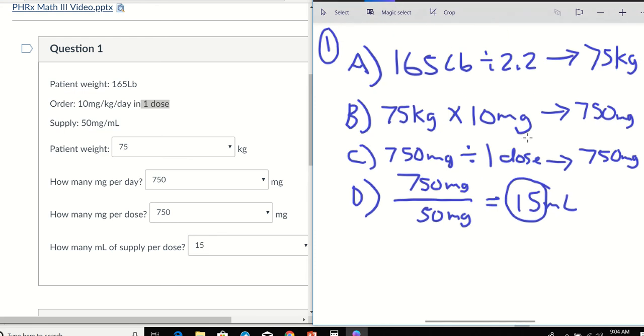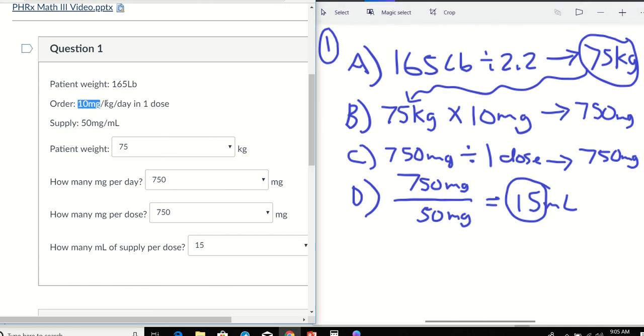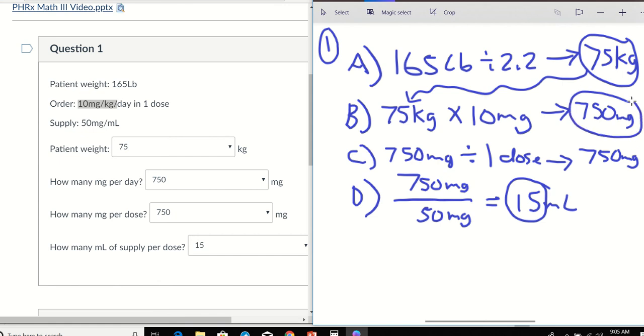So for number 1, our patient weighed 165 pounds. Divide by 2.2, we ended up with 75 kilos. That's going to be our starting point for step B. Now that we found their weight in kilos, we multiply by the order per kilogram. In this case, it is 10. And that will give you your daily amount. We may or may not give it all at once.